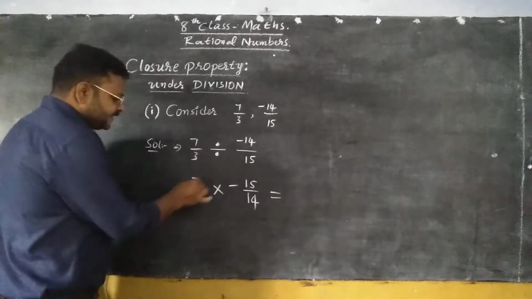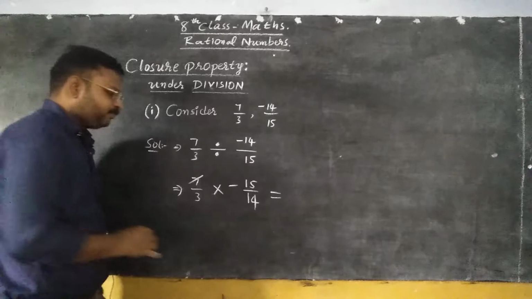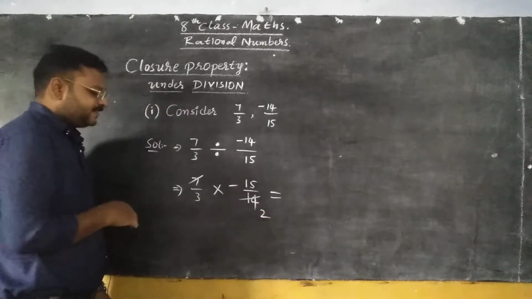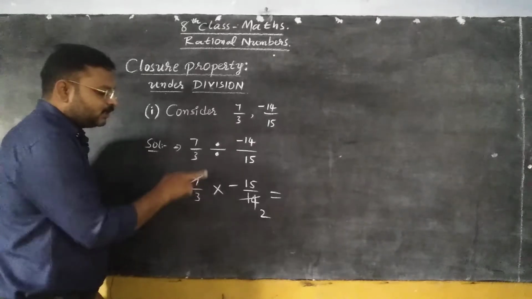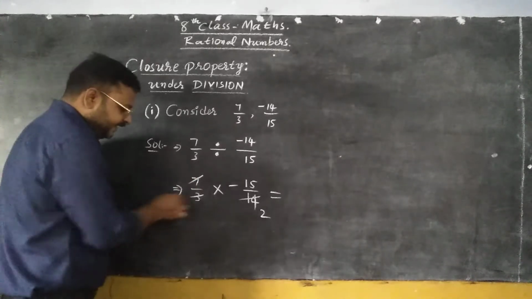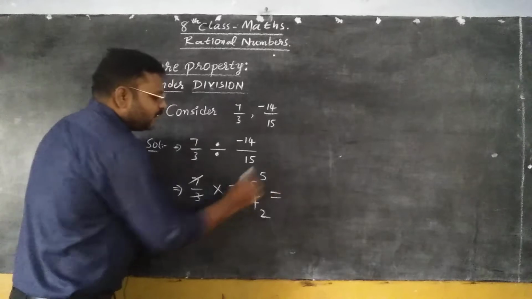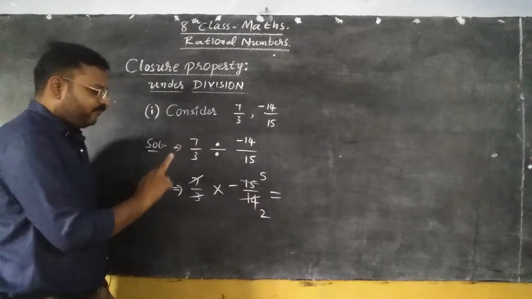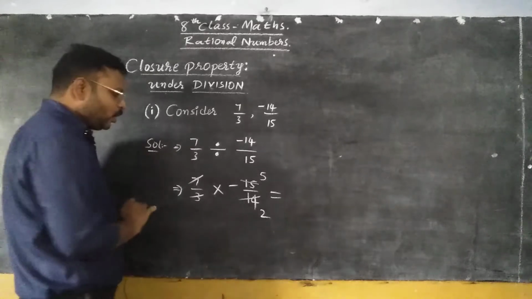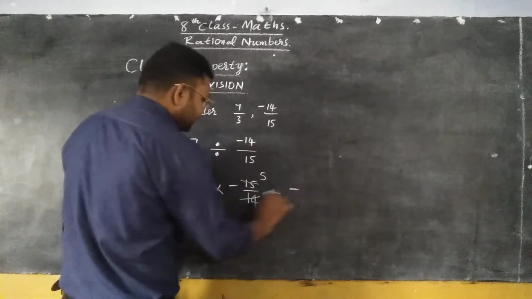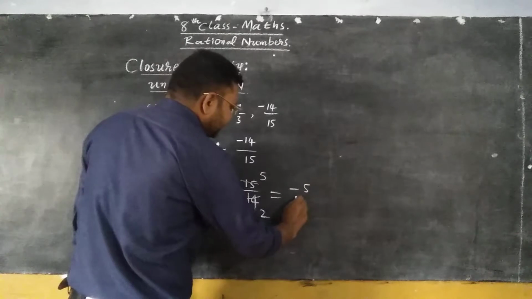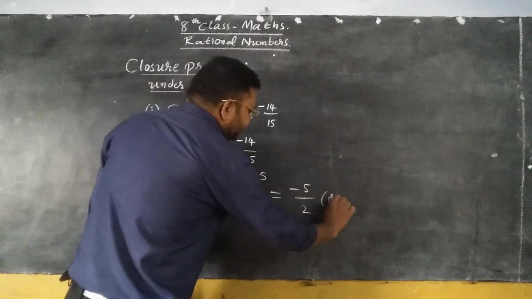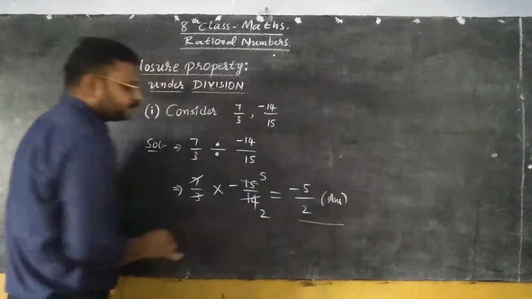So 7 twos are 14, cancel. 3 fives are 15, cancel. Now the final answer is minus 5 by 2.